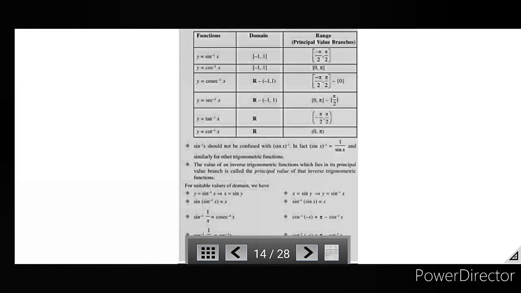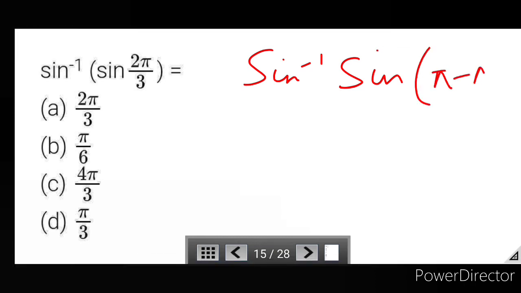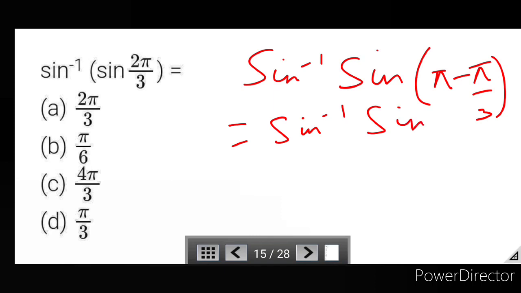Now from this table let us check range of sin inverse x, which is equal to minus pi by 2 to pi by 2, but 120 is out of range, so convert it into other angles. Sin inverse sine of pi minus pi by 3, which is equal to sin inverse sine of pi by 3. So answer is pi by 3, that is D option is correct option.